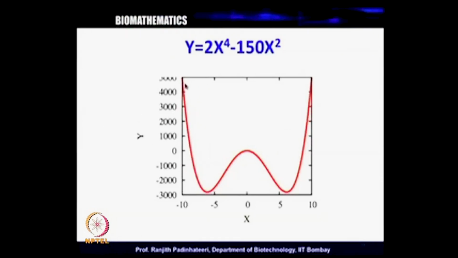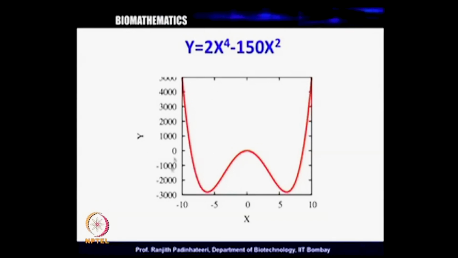Now let us have a look at the free energy on this slide. The shape here is another function. I have written the mathematical function here. What is plotted here is 2 into x power 4 minus 150 times x square. If I plot this particular function, I get this shape which has two minima, one minimum here, one minimum here, and a maximum here.